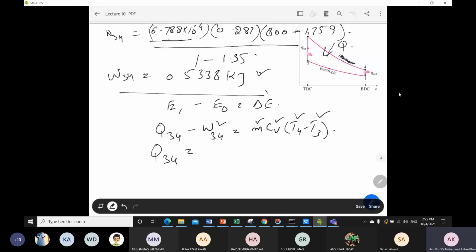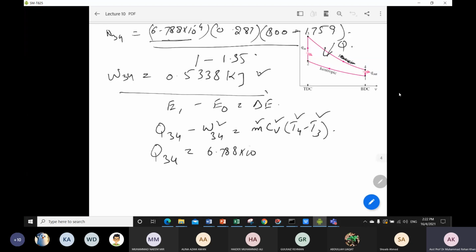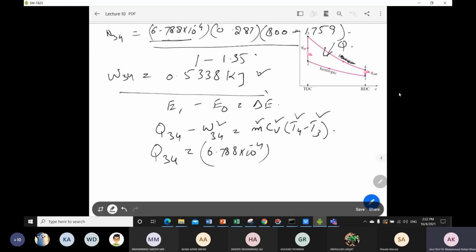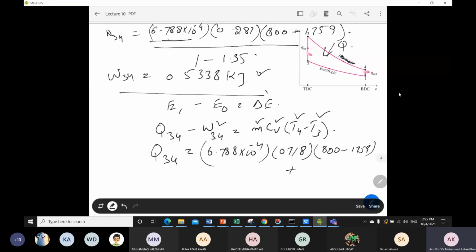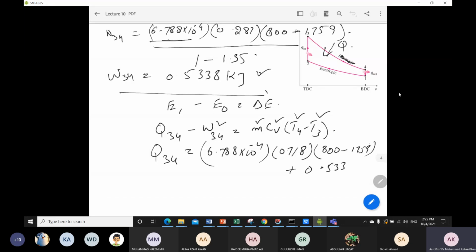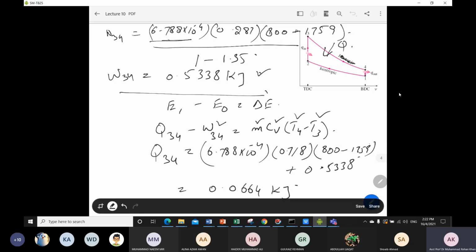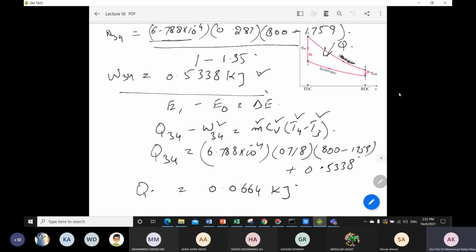We put the values: 6.788 times 10 raised to the minus 4, times 0.718, times (800 minus 1759), plus you have to add W34, 0.5338. By solving this, you will get the value 0.0664 kilojoule. This means that this amount of heat energy is added to the air during the expansion process. So this is your Q34.